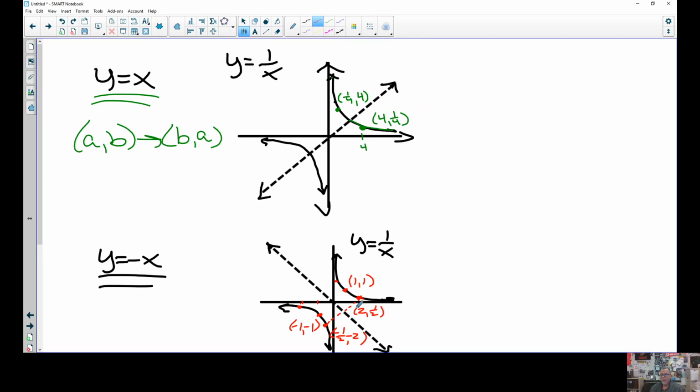So what happens? These switch and we take the opposite. So now, if AB is on the graph, what else has to be on that graph? Well, -B, -A. We switch them and take the opposites. Everything changes. All right, that's how that reflection works.